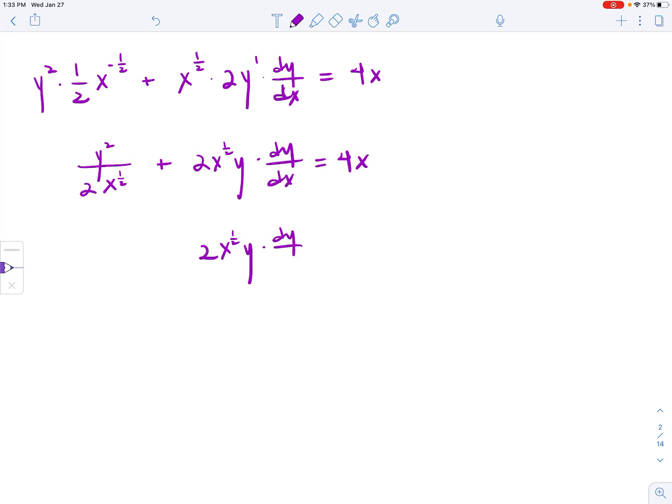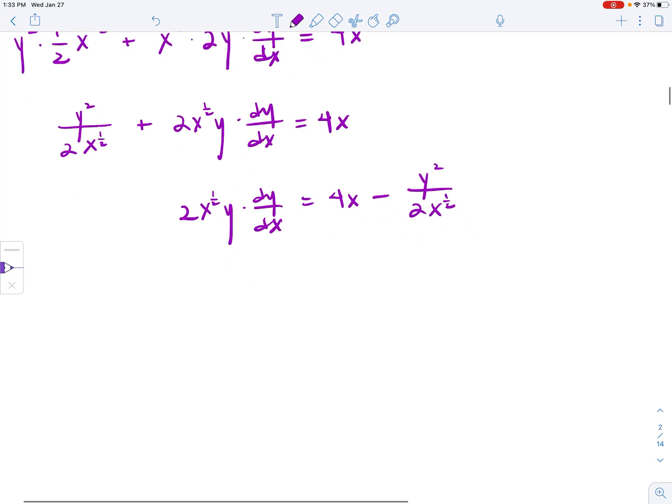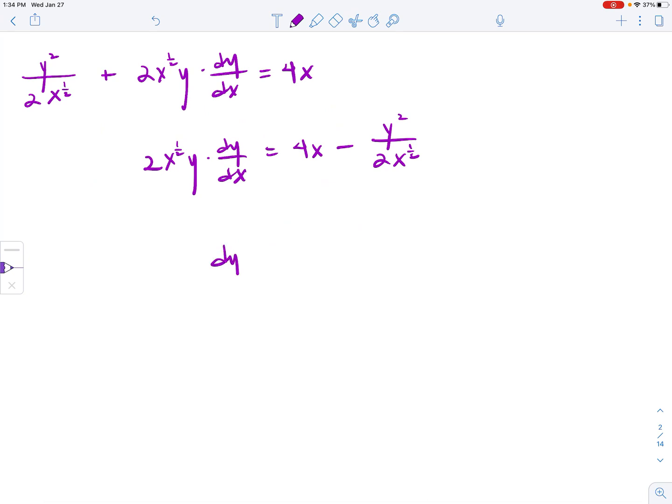So now I'm going to subtract y squared over 2x to the 1/2 from each side. And then to finish getting dy over dx by itself, I'll divide by 2x to the 1/2 times y on each side of the equation.